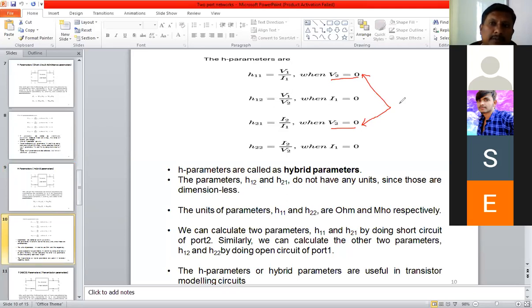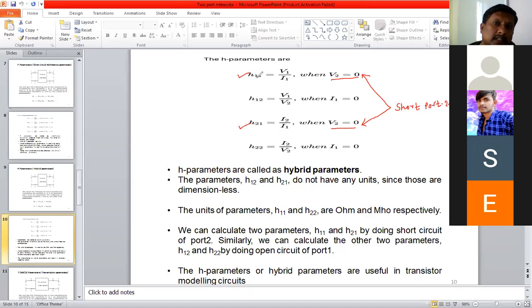So V2 equal to 0 means short port 2 dash. By shorting port 2 dash you get H11 and H21. H11 is equal to V1 upon I1 with V2 equal to 0. If you put it in equations 1 and 2, you can get these two parameters. H11 is equal to V1 upon I1. H21 is equal to I2 upon I1.